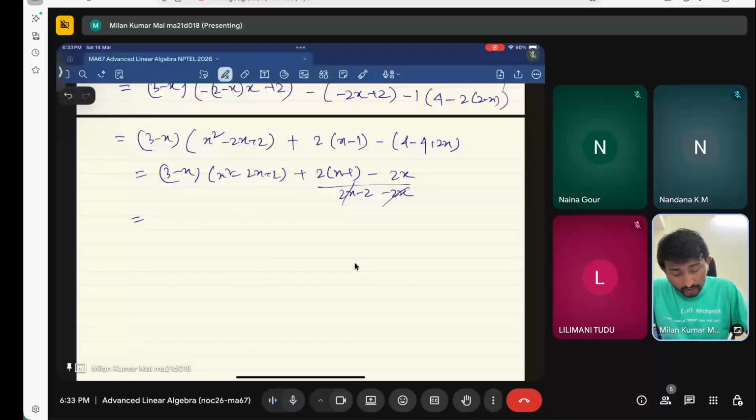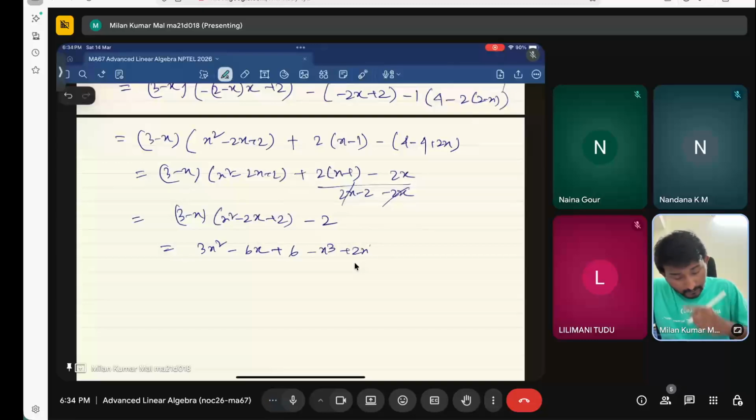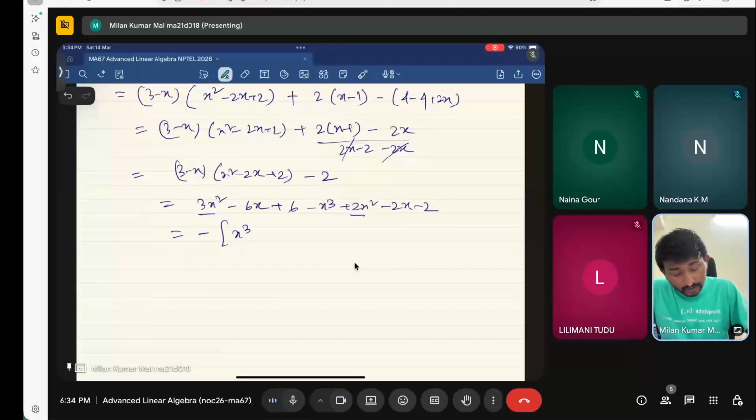Okay, let's do the calculation. 3x square minus 6x plus 6 minus x cube plus 2x square minus 2x minus 2, so it will be equal to minus x cube plus 5x square minus 8x plus 4. Yeah, I hope I'm correct.